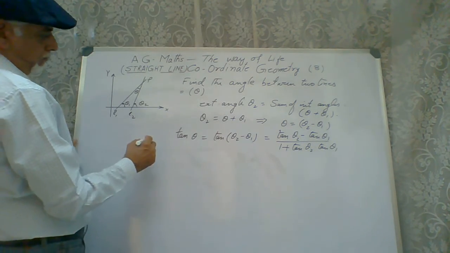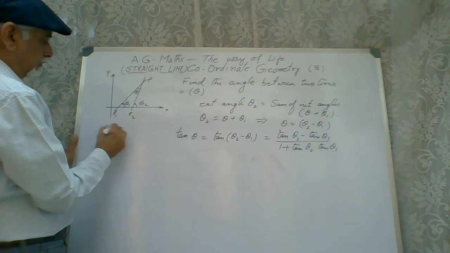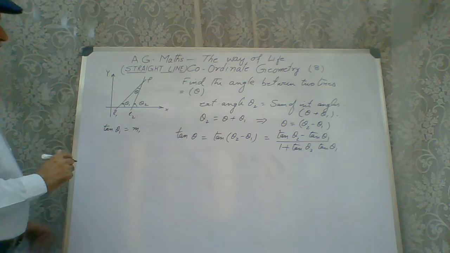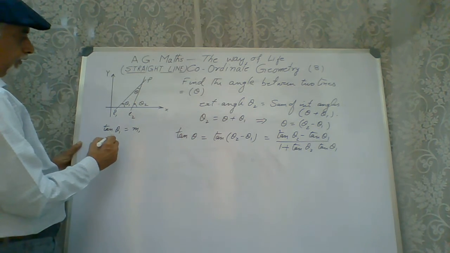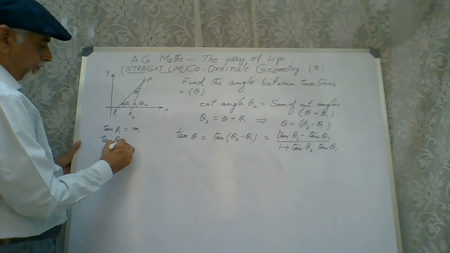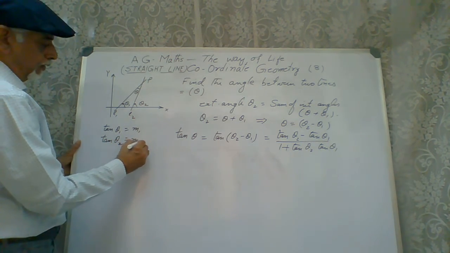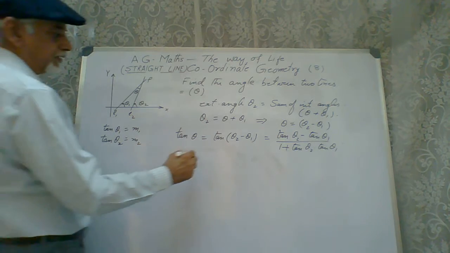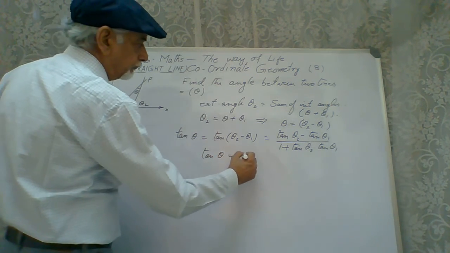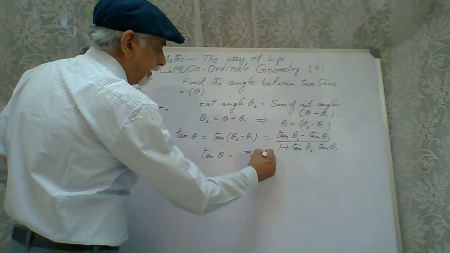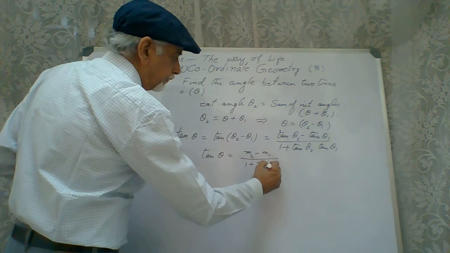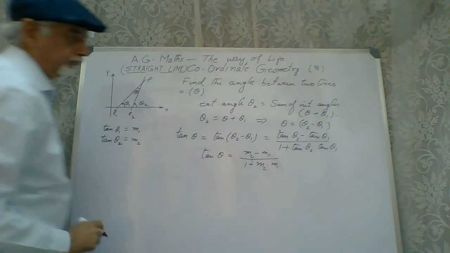If I call tan of theta 1 as m1, which is normally the notation for the slope of a line, and similarly tan of theta 2 as m2, and put it here, then I can say that tan of theta is equal to m2 minus m1 over 1 plus m2 into m1.